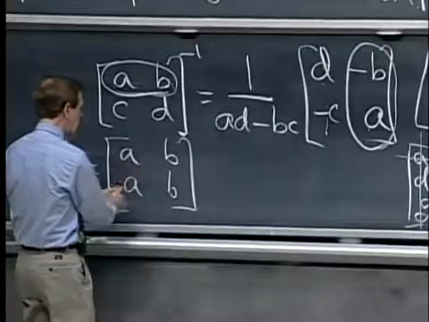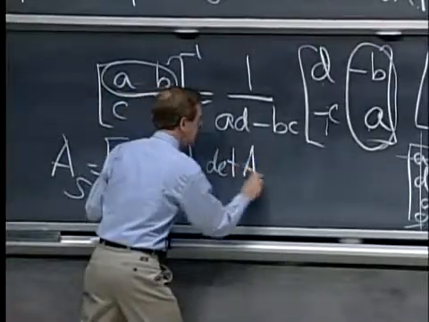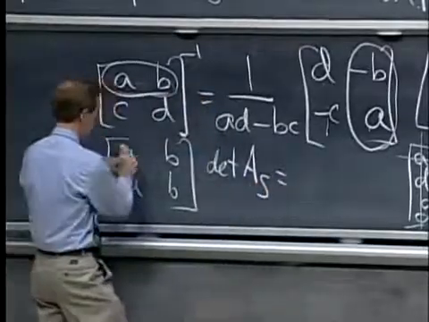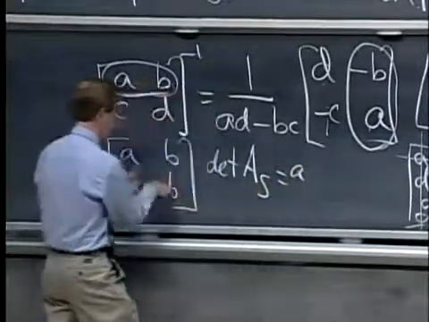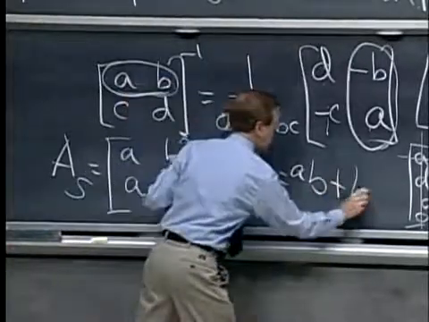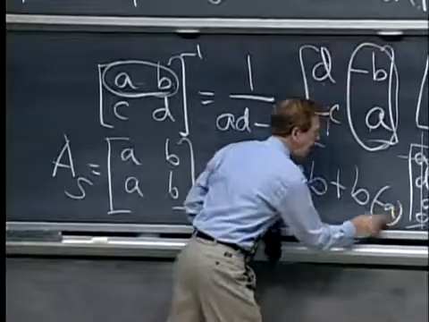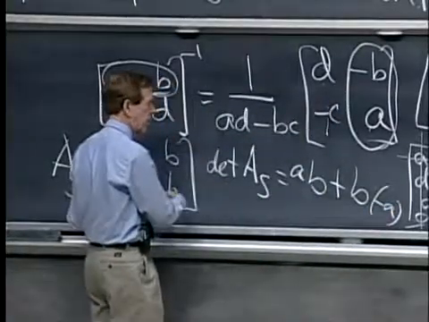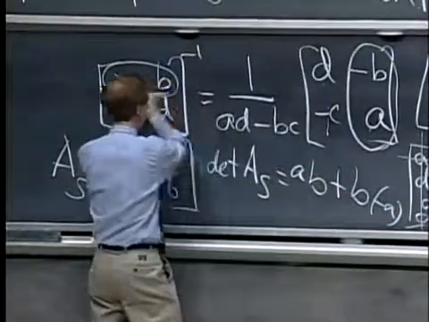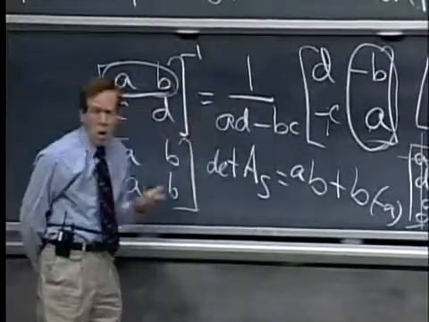So the determinant of A screwed up is A times its cofactor, which is B, plus the second guy times its cofactor, which is minus A. And, of course, I get the answer 0. This is exactly what's happening in that row times this wrong column.